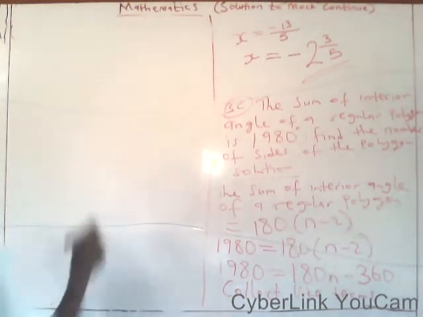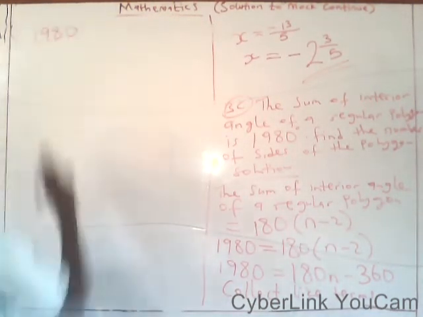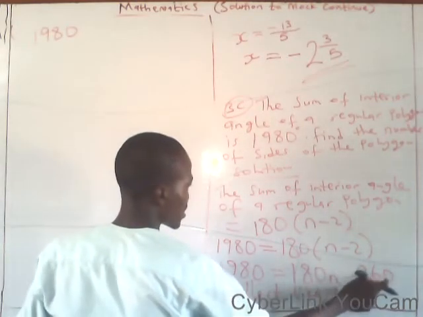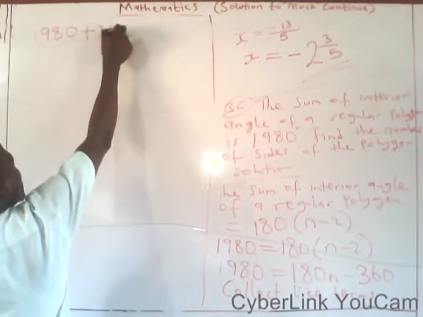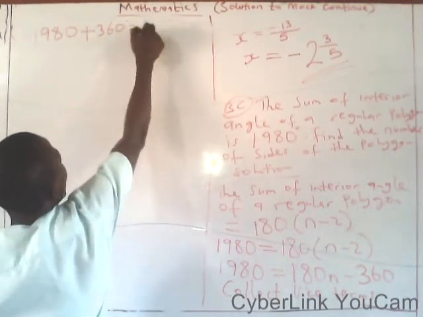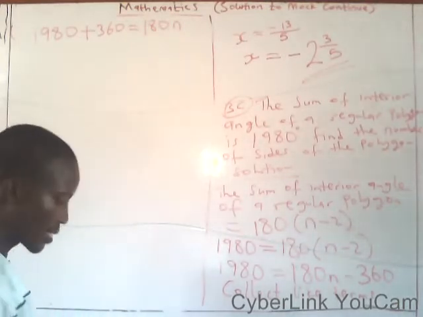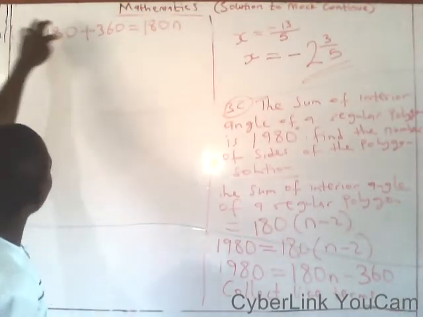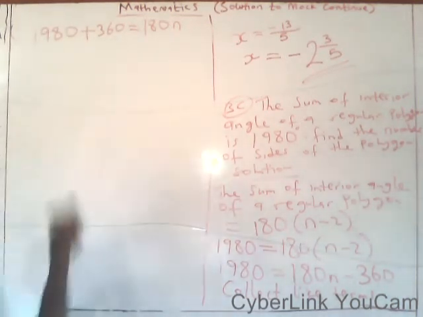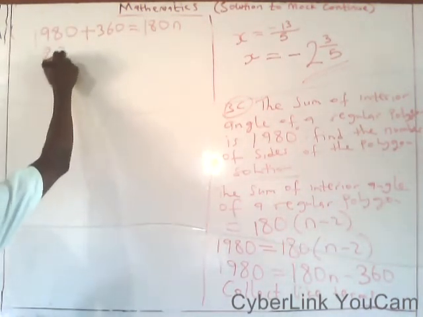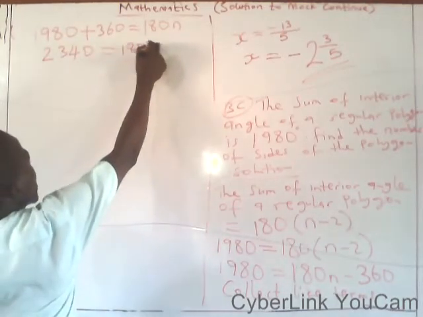We are going to have 1980. Carry this minus 360 to this side, it gives plus 360, is equal to 180n. So if you added this up properly, you are going to arrive at 2340, which is equal to 180n.